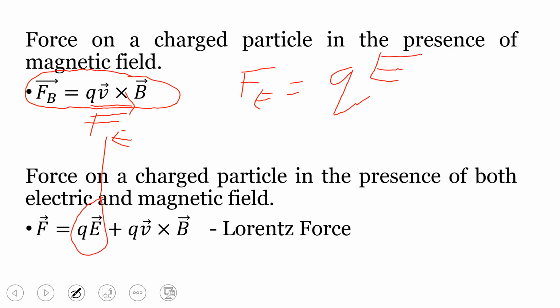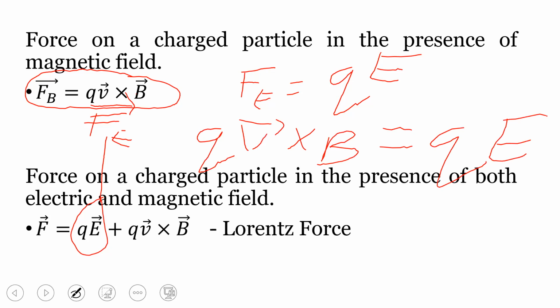That means that for you to have FB equal to FE, then we should be having something like qv cross B equal to qE, right? For you to have it travel undeflected.